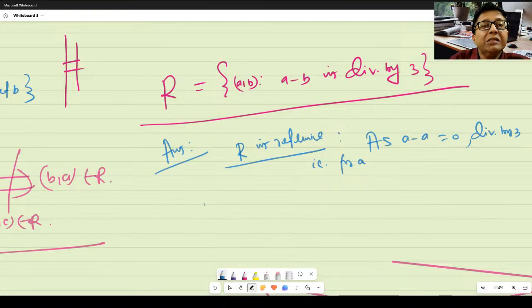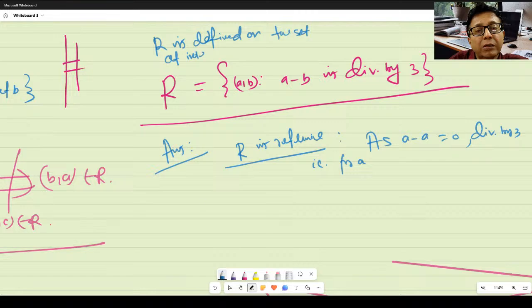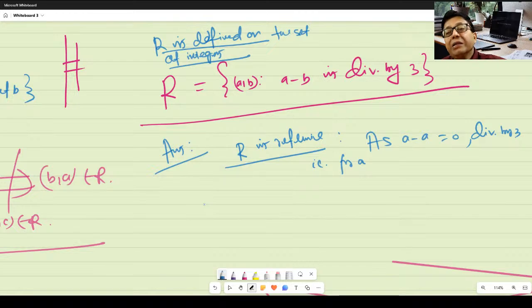So I am writing this one for integers. R is defined on the set of integers. A, B are integers. A minus B divisible by 3 and A, B belongs to the set, that means the set of integers. Or you write I, no problem.